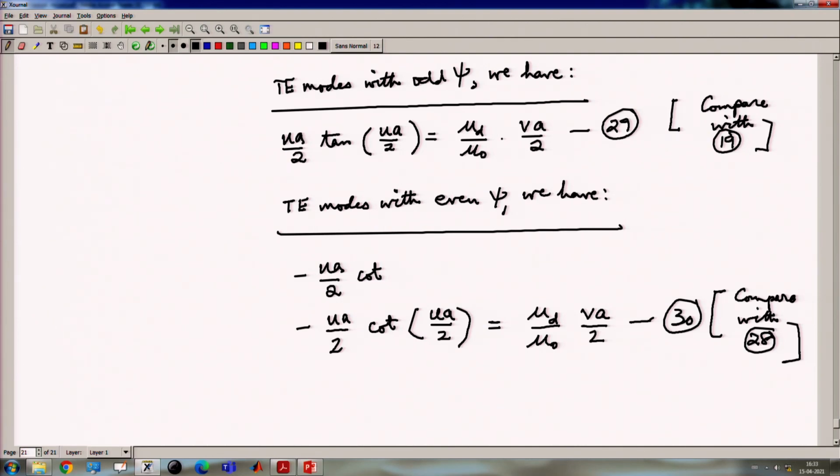We should also note that the odd potential functions generating the TE modes are given by the same equations as the TM modes, which are equations 5 and 6, and similarly the even functions generating the TE modes are given by the same potential functions from which the TM even modes are obtained, and those are equations 20 and 21.